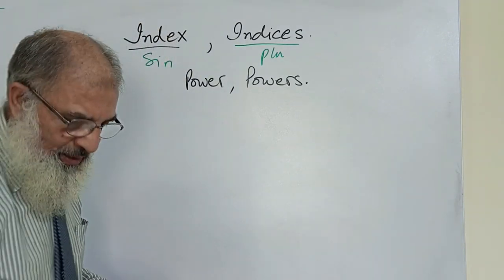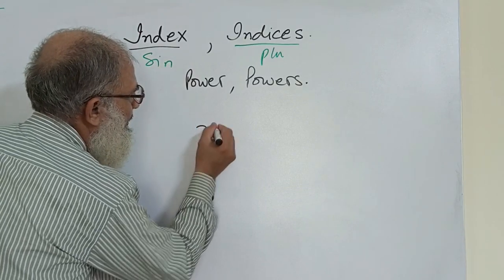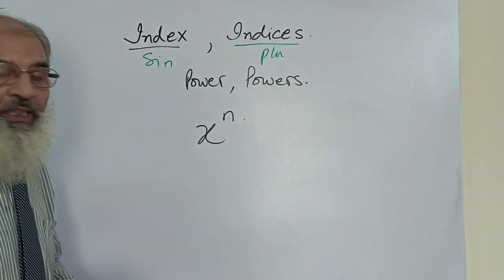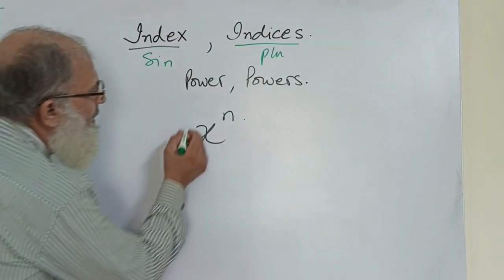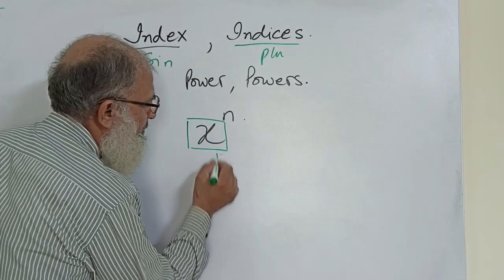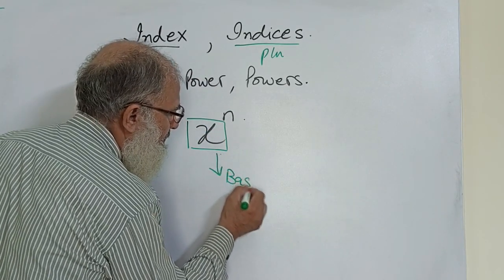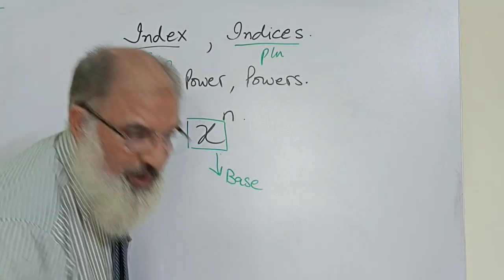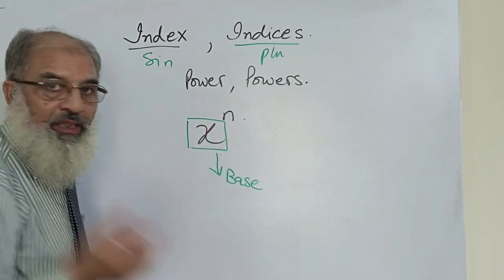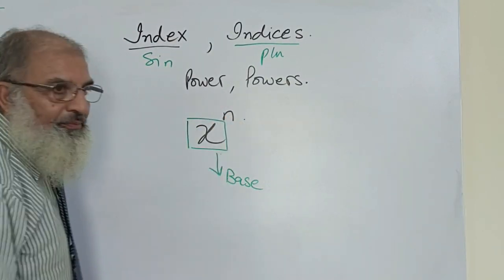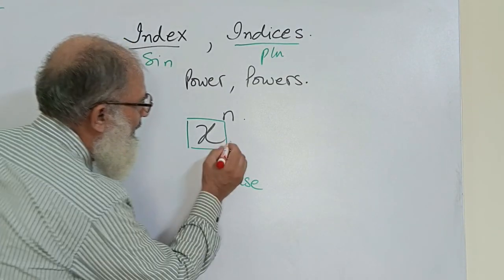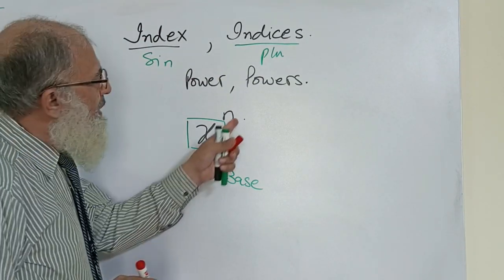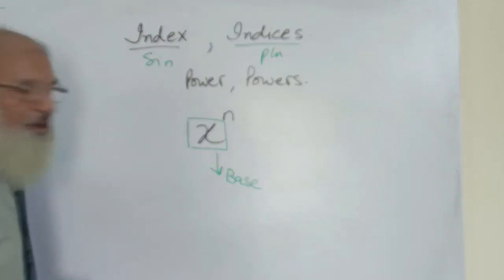If I write x raised to power n, this means that here this thing is the base, and the thing which is superscripted, in computer you say it is superscripted, and if it is written lower it is known as subscript.